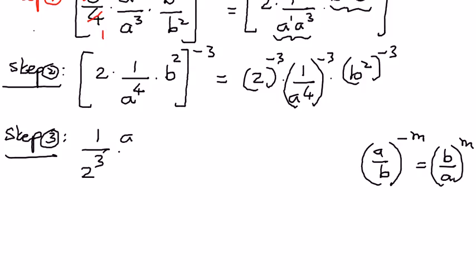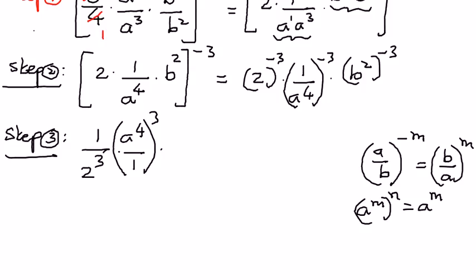I can write this one as a to the power of 4 divided by 1. This whole thing is raised to the power of +3, and then the b term, we're just going to use the power term and then multiply that out, since a to the power of m raised to the power of n is going to be equal to a to the power of m times n. This is going to be b to the power of 2 times -3, which will be -6.